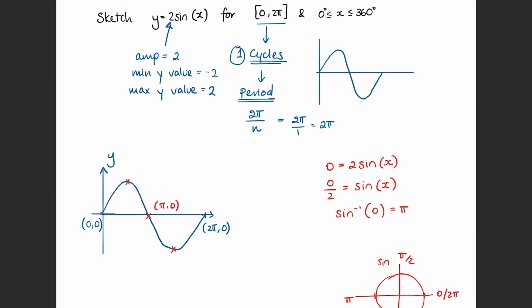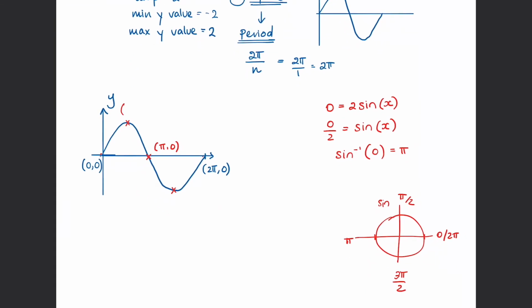Now, one of the beauties of the sine graph is that everything is quite symmetrical. So the distance between 0 and pi, if we halve that, we can actually get the x value of our maximum. Another way we can do that is we know that our maximum y value has to be 2, given the amplitude. So we can say 2 equals 2 times sine of x.